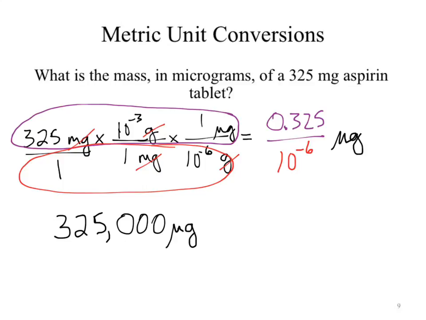Next thing, if this was a multiple choice exam, what are the answers shown? Could we come up with different ways to represent this same number? Yeah, we can come up with a variety of ways. 325,000 micrograms. Why would we typically not use this number?